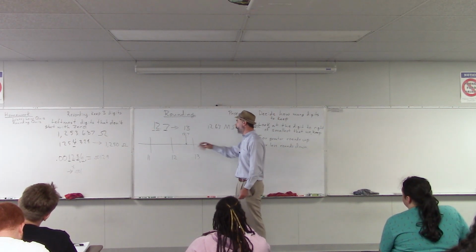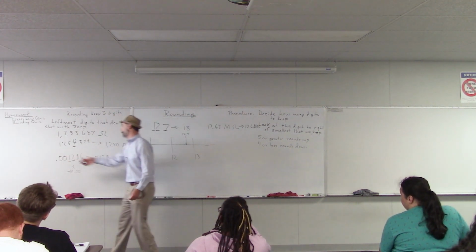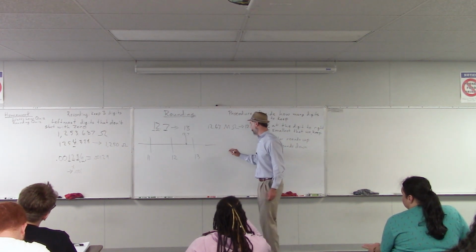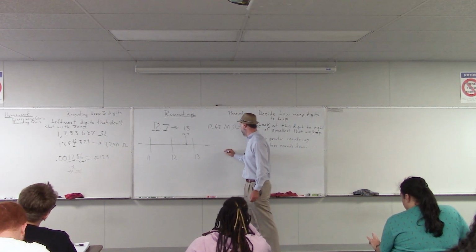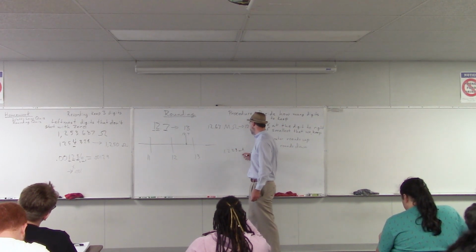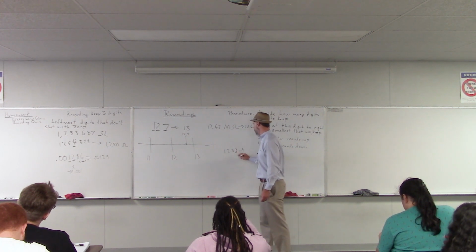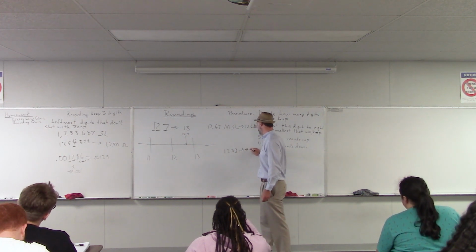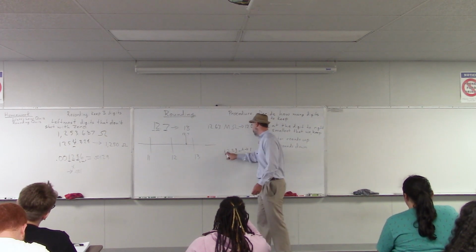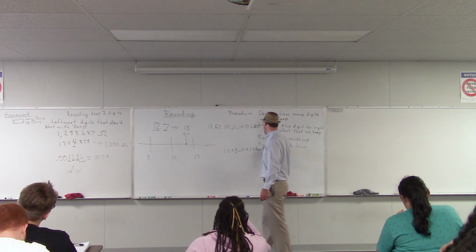You're right. Yeah, and that's why we want to ignore these initial zeros, because if you had 1.283 milliamps, we look at this third digit, that rounds to approximately 1.28 milliamps.